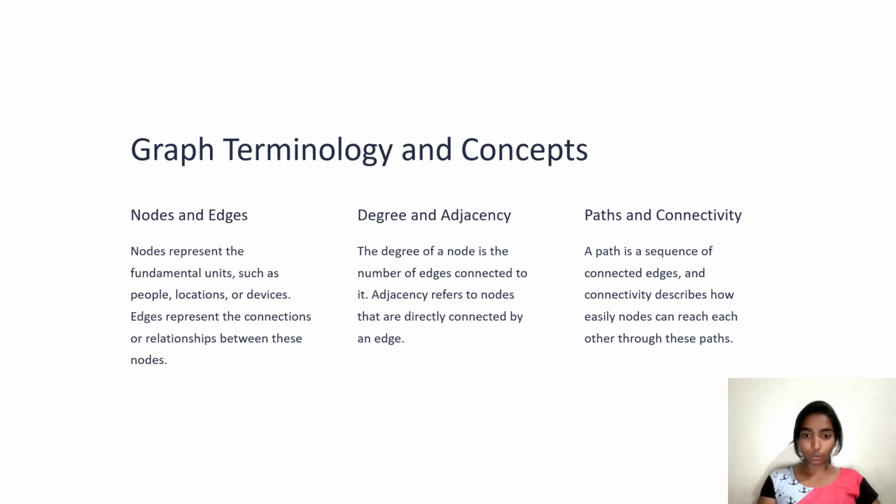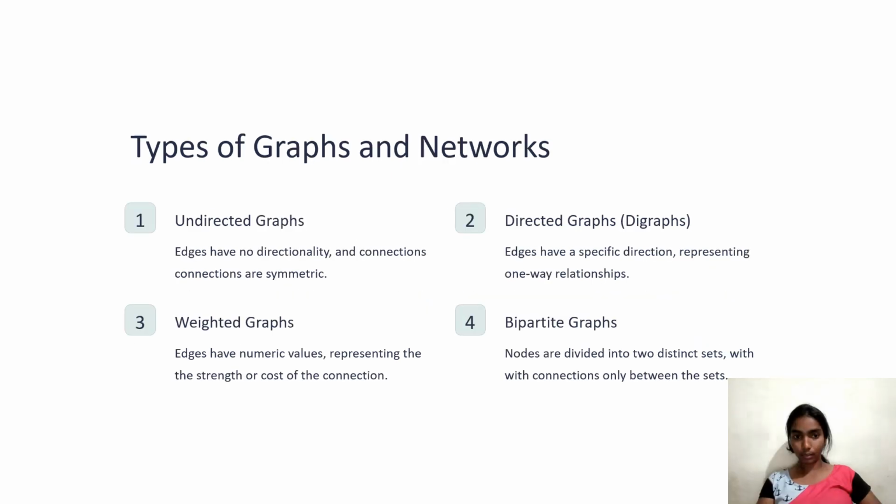The degree of a node is the number of edges connected to it. Adjacency refers to nodes that are directly connected by an edge. Paths and connectivity. A path is a sequence of connected edges, and connectivity describes how easily nodes can reach each other through these paths.